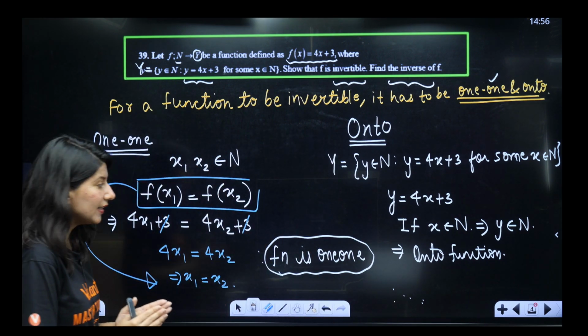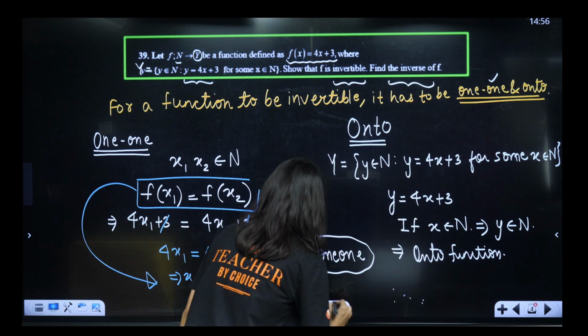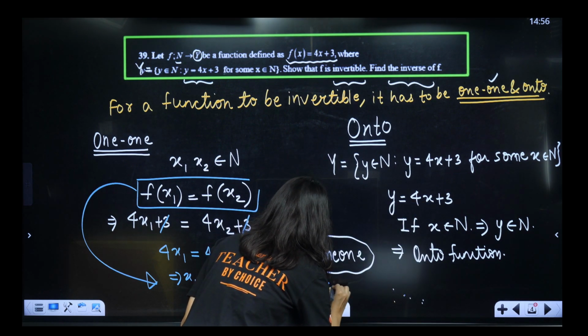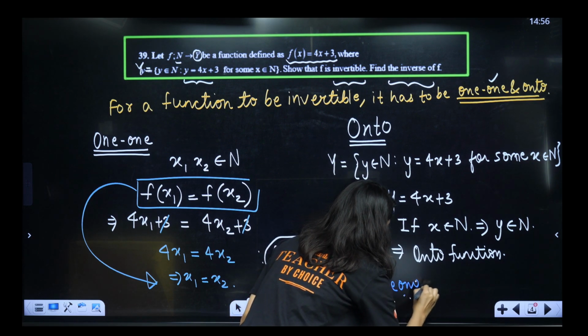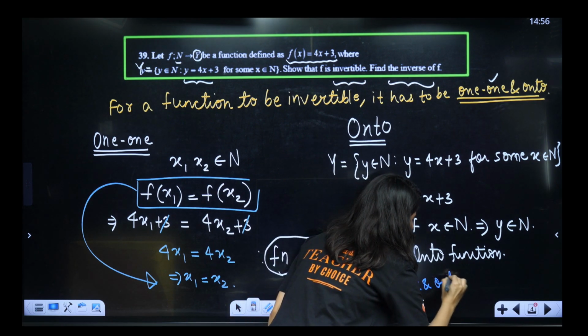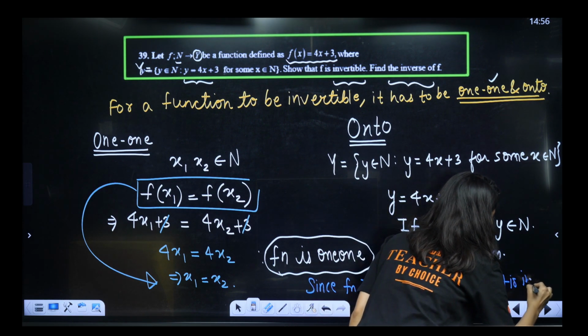Now you have to write the final statement: since the function is 1-1 and onto, hence it is invertible.